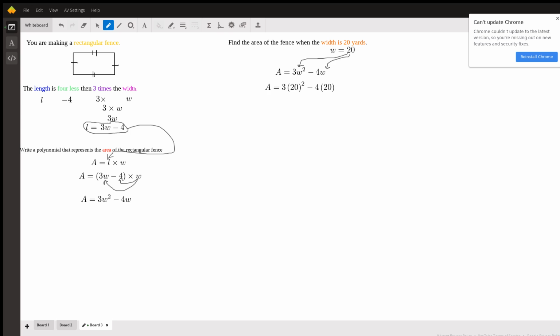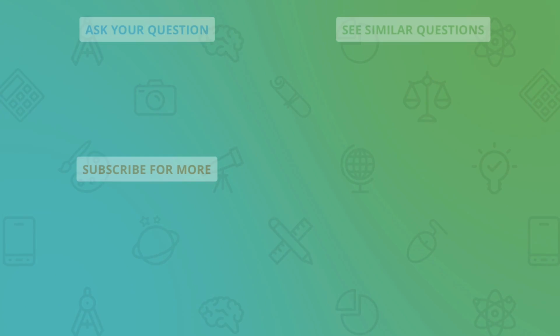Area equals 1200. And then 4 times 20 is 80, so minus 80. And then simplify once again. So 1200 minus 80 gives us 1120. And there we have it. Our area, when the width is 20 yards, is 1120.